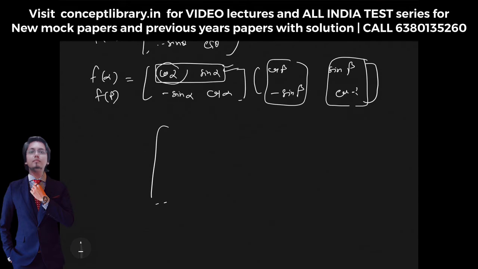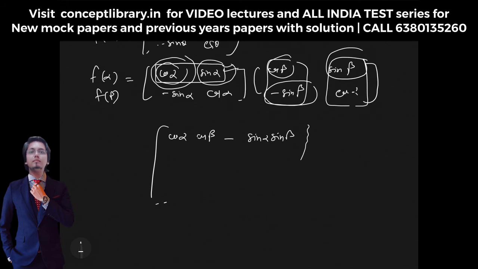So cos alpha multiplied with cos beta will be cos alpha cos beta. Now sin alpha multiplied with minus sin beta will be minus sin alpha sin beta. In the same way, we multiply cos alpha with sin beta, so it will be cos alpha sin beta, and then multiply sin alpha with cos beta, so it will be plus sin alpha cos beta.